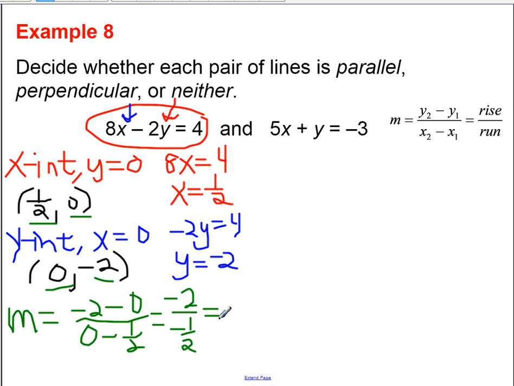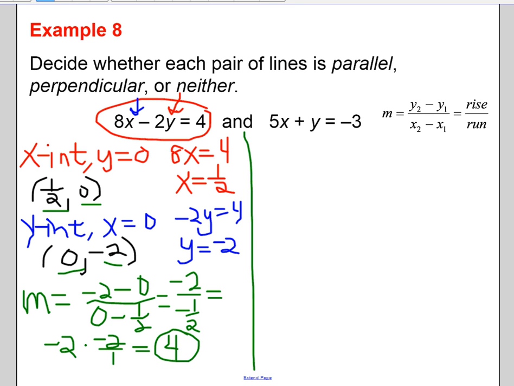So this is -2 times the reciprocal of -1/2, or -2/1, and that slope is a +4. Let's go ahead and find 2 points on the other line, and find the slope.